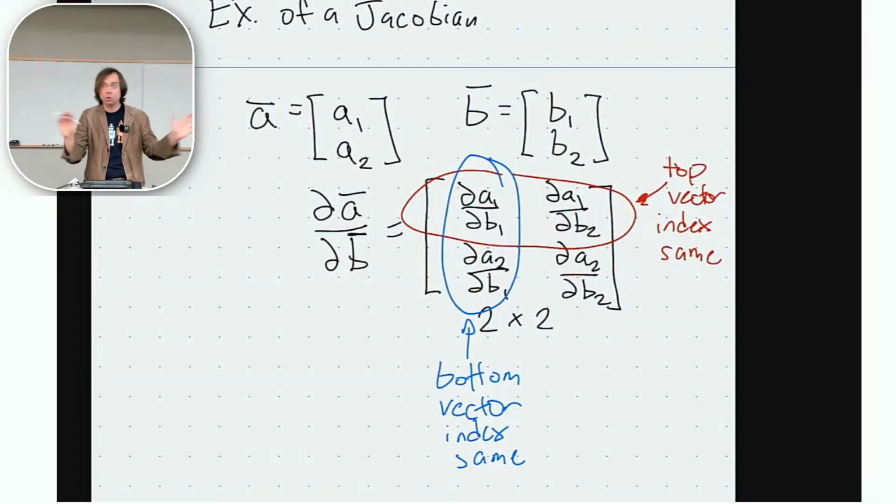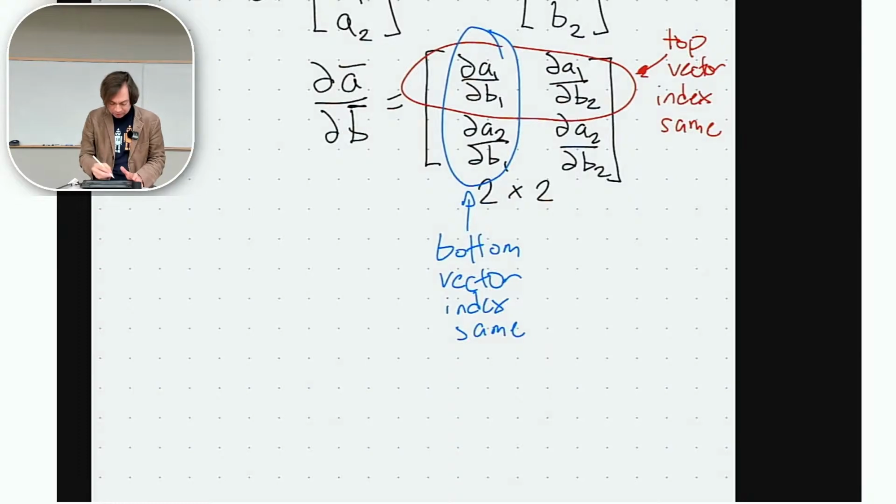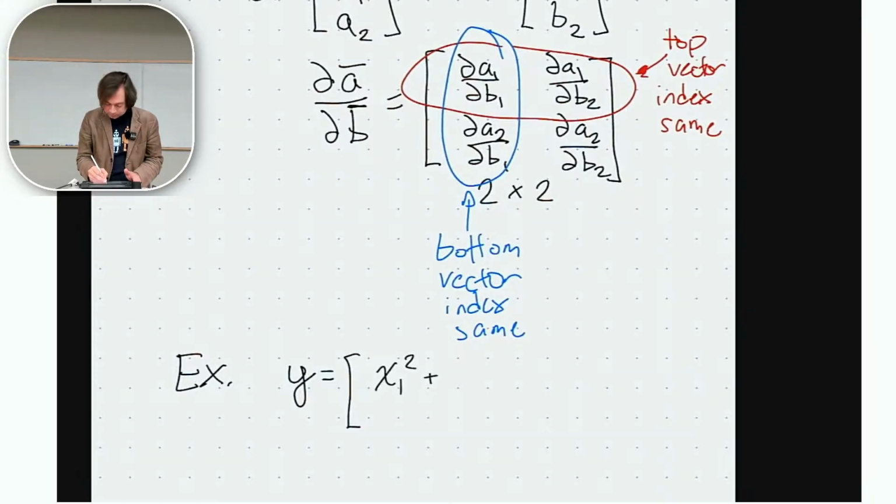Let's just do a quick example, okay? We're going to create a vector we'll call y, and y has 2 elements: x1 squared plus x3, and x2 squared minus 3x3.